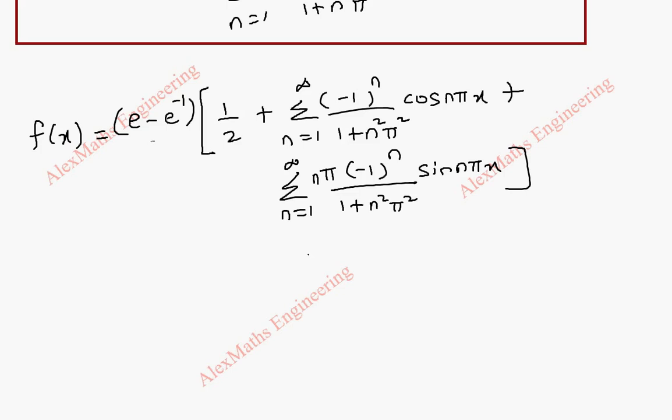So if you want we can replace e minus e power minus 1 as 2 sinh of 1, and the rest of the terms are as they are.